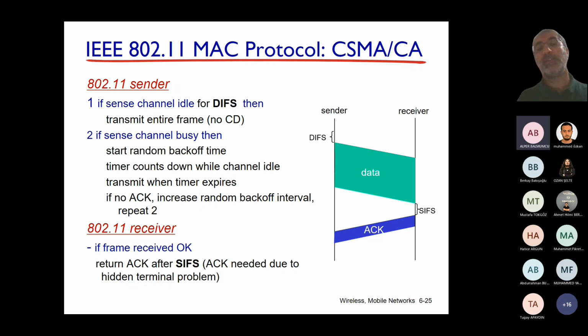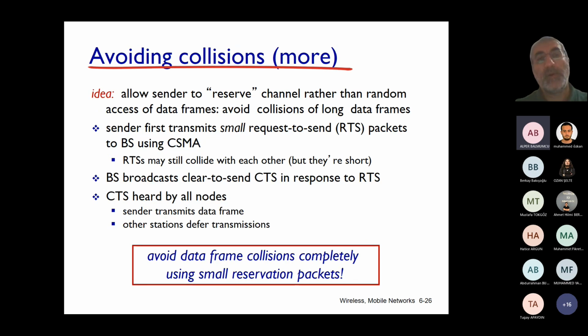If there is no acknowledgement, then we increase the random backoff interval and repeat this step 2. At the receiver side, if the frame is received OK, then we return the ACK packet after the SIFS duration. So that's why we use the collision avoidance strategy in the Wi-Fi technology.